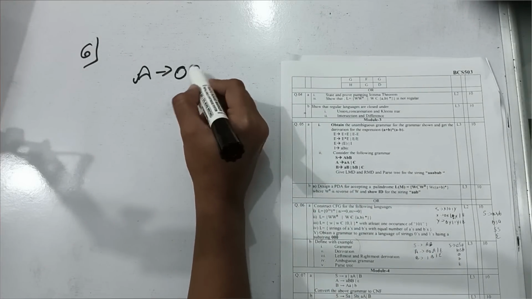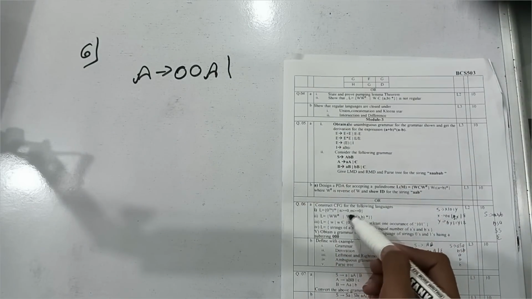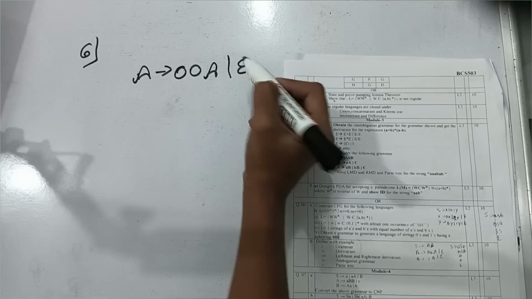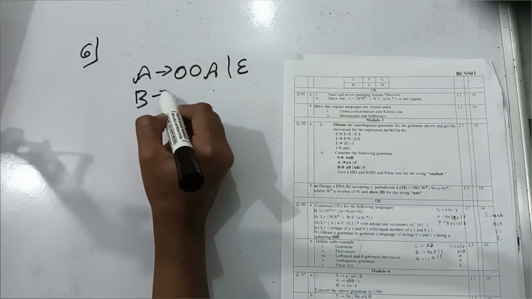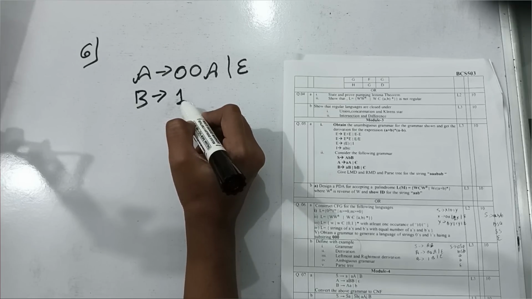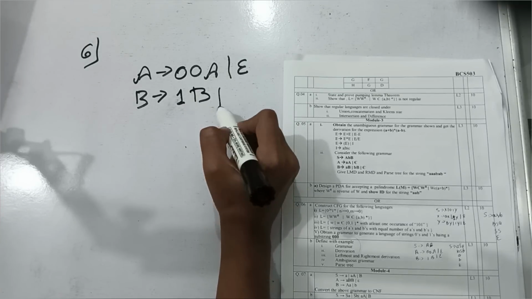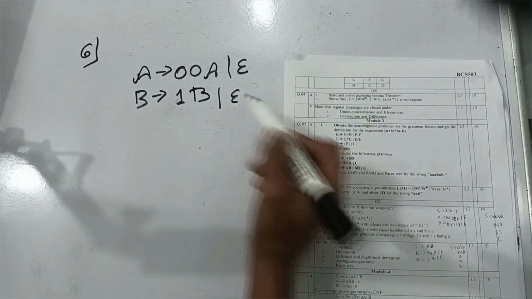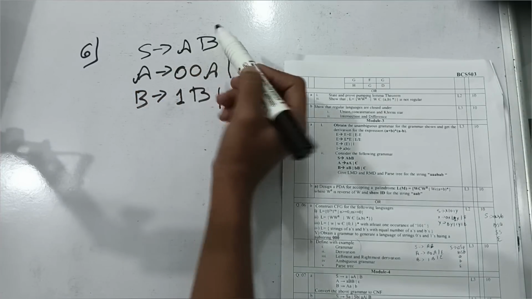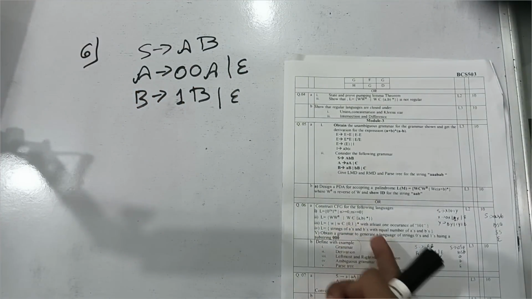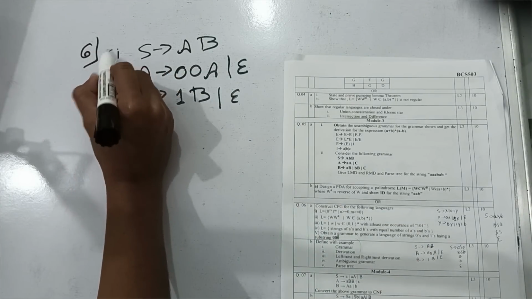I will write a grammar to accept 0, and here n greater than or equal to 0 means it can start from epsilon, and 1 power m means it should accept 1, after that any number, and the base case here is also equal to 0. The main grammar is this, to combine both: 0 power 2n and 1 power m. This is the solution for the first one.